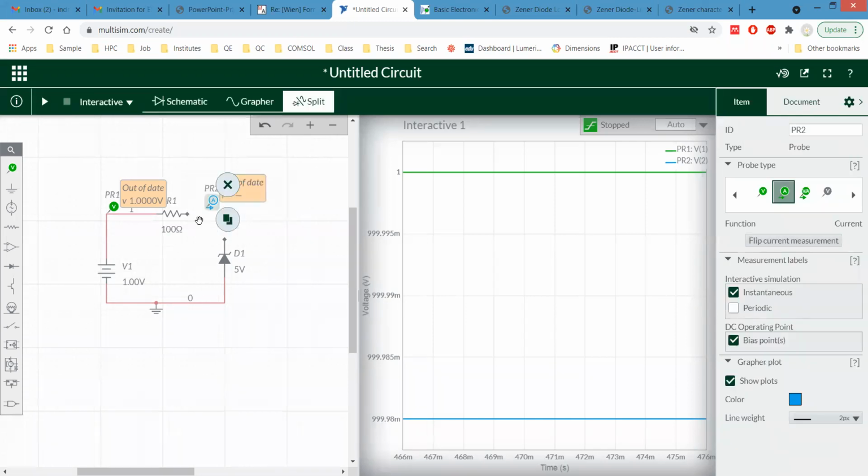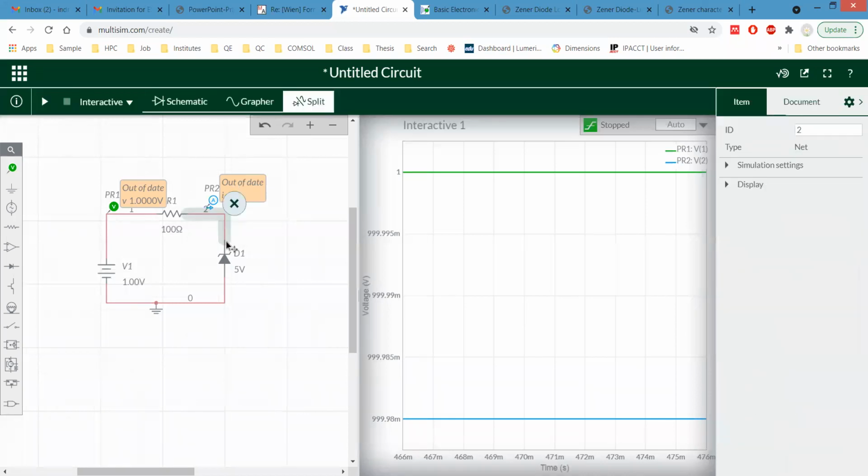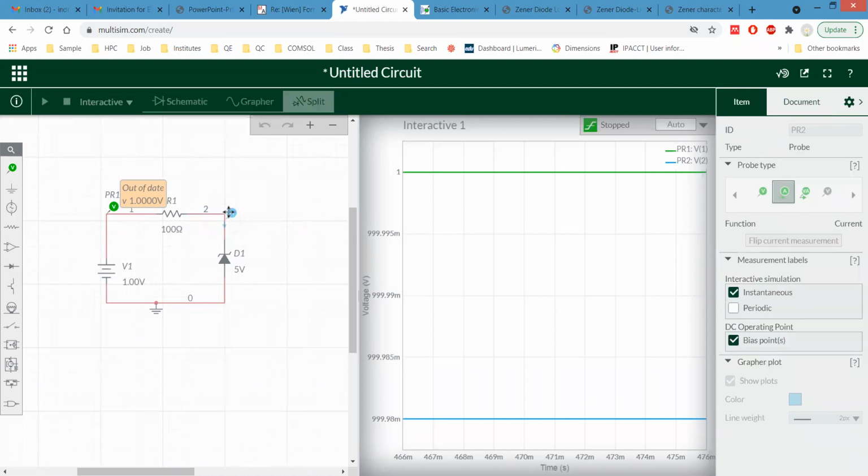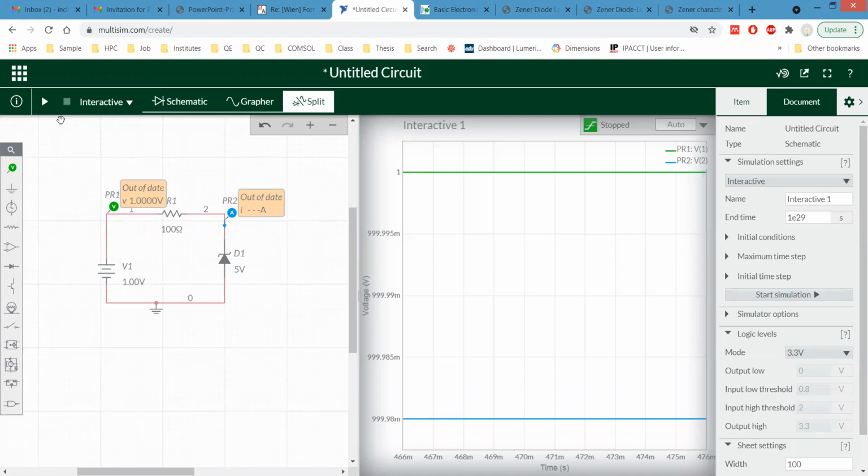Okay, let it be. So make the connection. You should at least tell me, I forgot to mention this. We should measure the current, right?